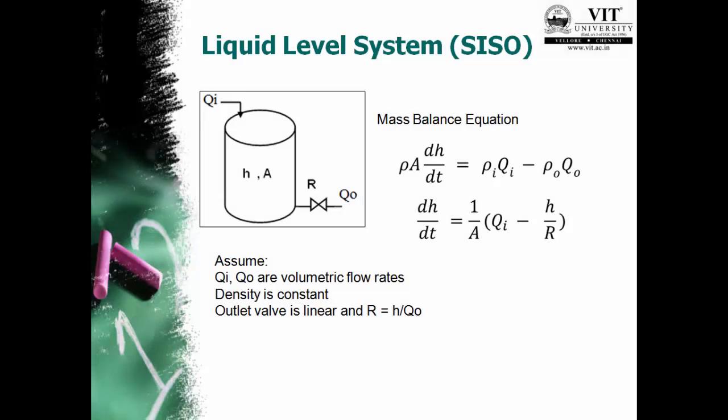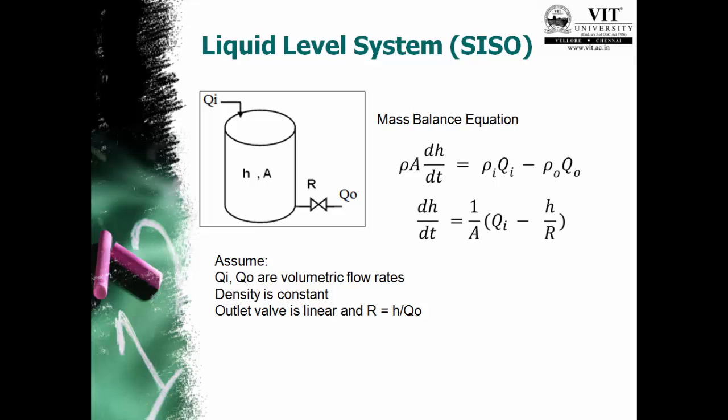Now we will take an example for a single input single output case from a liquid level system. Now in this case you can see we have a cylindrical tank which is getting an inlet and there is an outlet, and at the outlet we have a linear valve, and this valve is related to the process variable which is liquid level in this fashion.